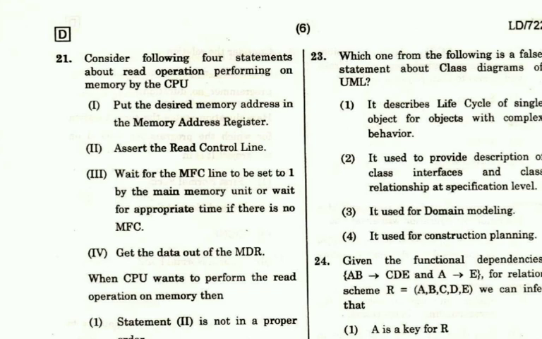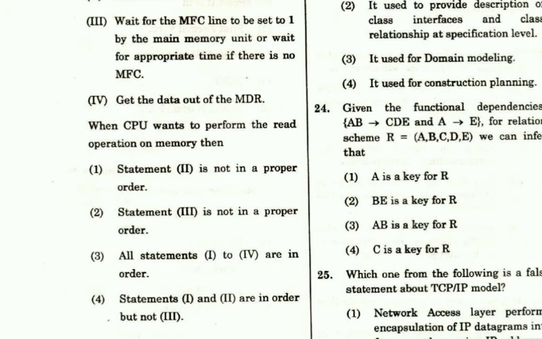So here the correct order of CPU read operation is put the memory address in the memory address register, assert the read control line, wait for the memory function complete signal and get the data out of the memory data register. So here option 2 is the correct one. The statement 3 is not in the proper order. So remaining are in the proper order only. Right. Statement 3 is not in the proper order.